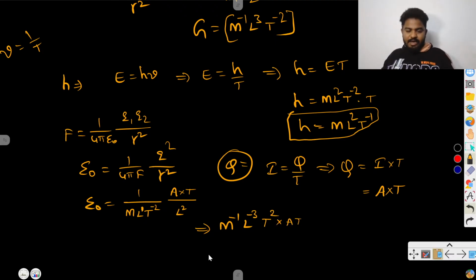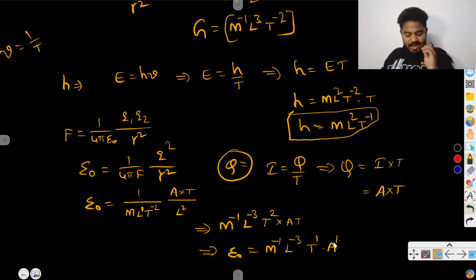So now I can write it once again. Dimension formula for epsilon, permittivity, is equal to m to the power minus 1, l to the power minus 3, e to the power 1, and a to the power 1.